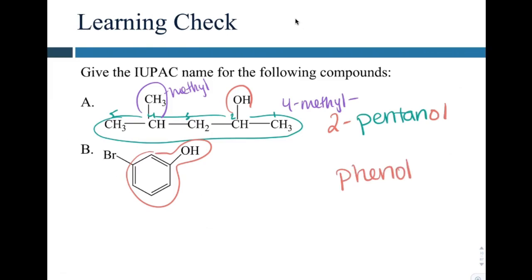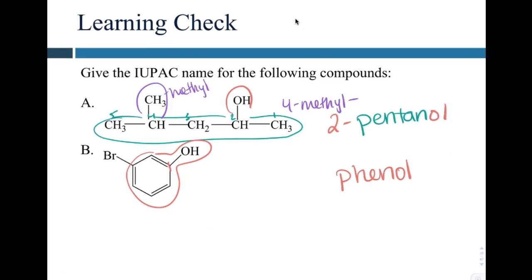And so you're not going to tell me where the OH is, because when we're thinking about benzene rings, you can rotate around, and we're always going to put the most important part on carbon number 1. So when you've got a ring, any carbon can be 1. And so this is going to be carbon 1, and I can either go clockwise or counterclockwise, but I need to pick the way that gives my other group the least number carbon.